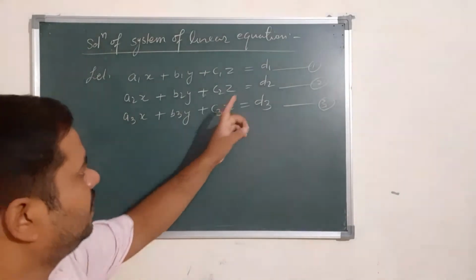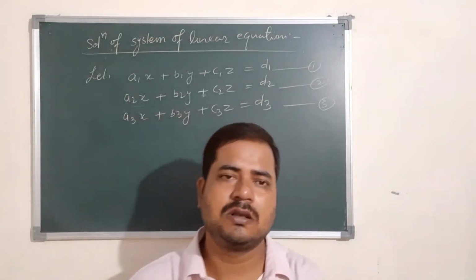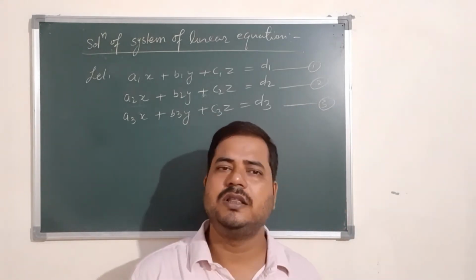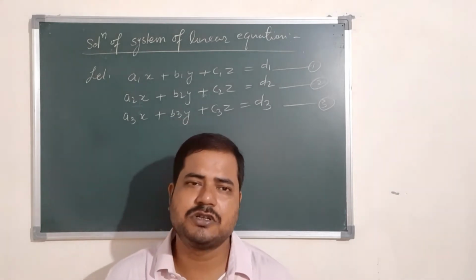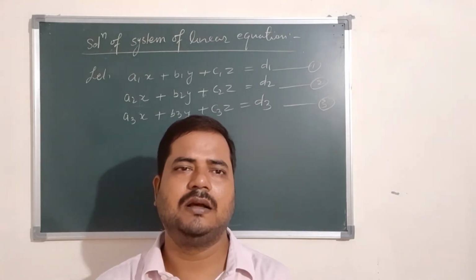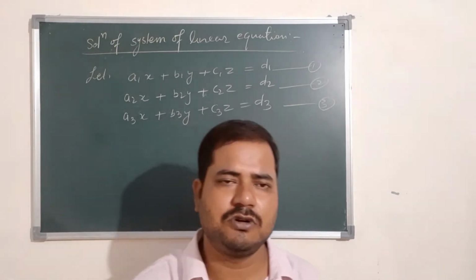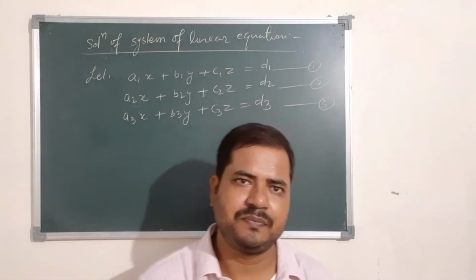If d1, d2, d3 are all 0, then these are known as homogeneous equations, and in this situation there is only one solution: x is equal to 0, y is equal to 0 and z is equal to 0. This particular solution is known as the trivial solution.